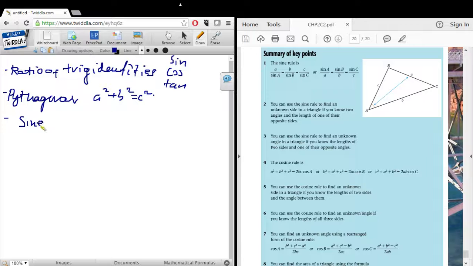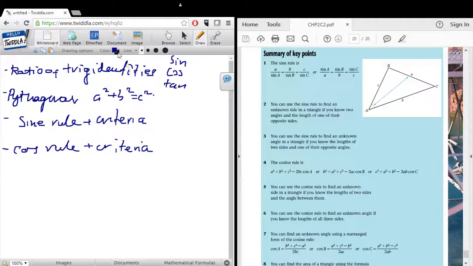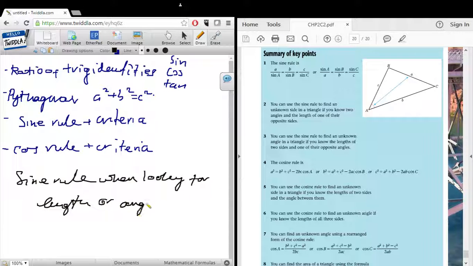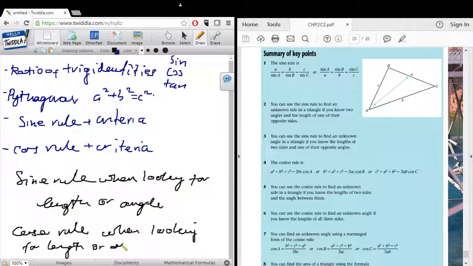Alongside that, we had the sine rule plus its criteria, and then we had the cos rule plus its criteria, and then the different rules: the sine rule when looking for a length or angle, and the cos rule when looking for a length or angle.